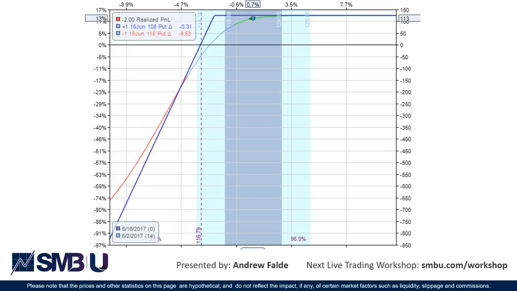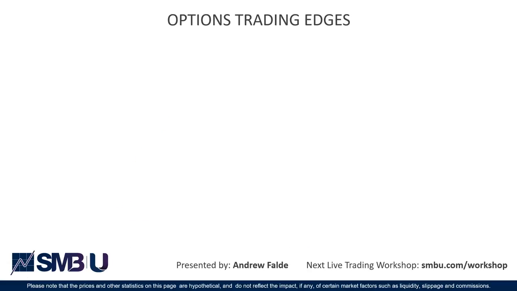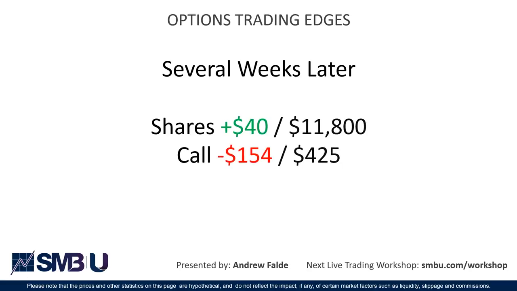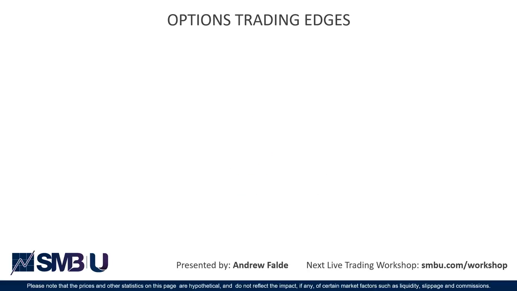Unleveraged, same exposure, same obligation to buy, but you get a bigger profit from the put credit spread. So the shares made 40. The call lost because it wasn't right enough. It lost its time premium. But the put credit spread made more than both, with a lot less risk than the shares and just a little bit more risk than the call.